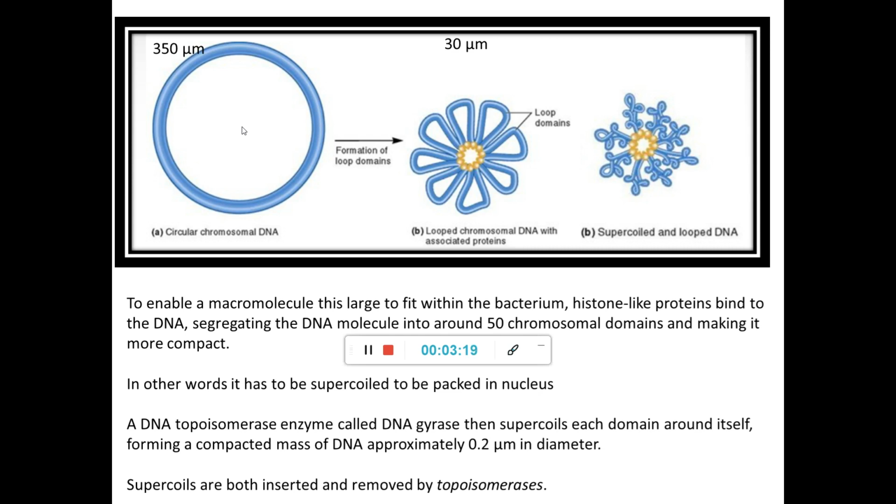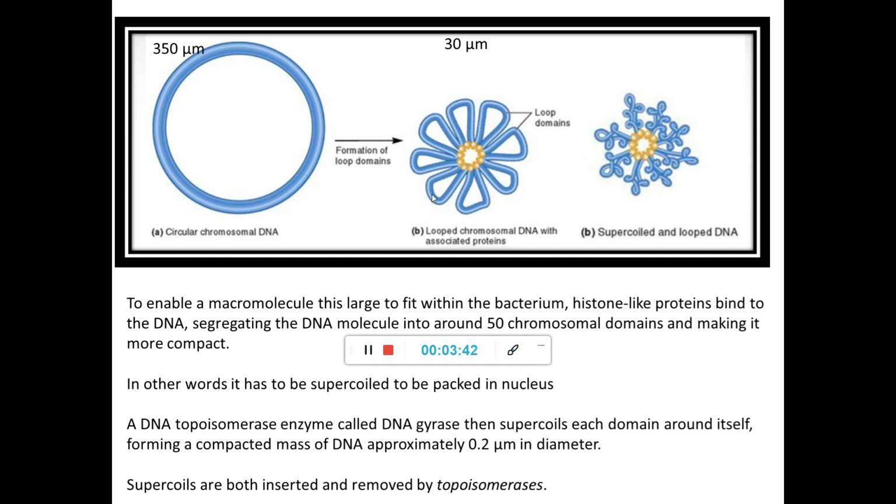Many people are standing and aiming at different points of the circle. In such an imagination, when they pull bits of this DNA towards the center, it will result in the formation of various loop domains, which is depicted in this second picture.